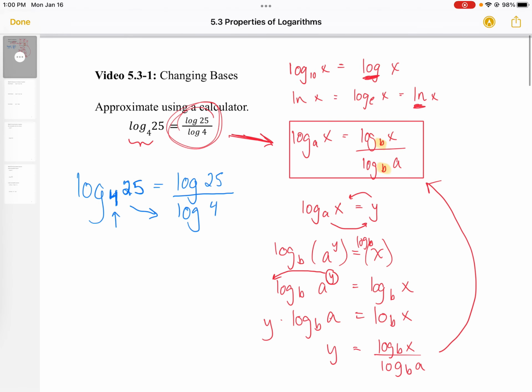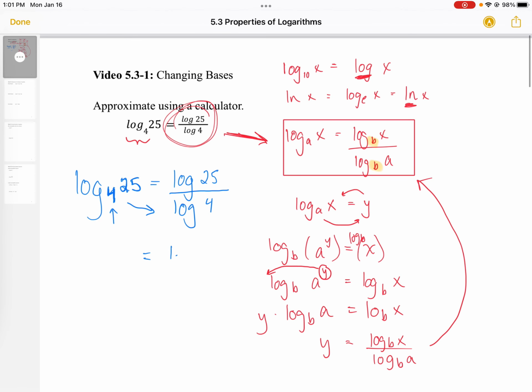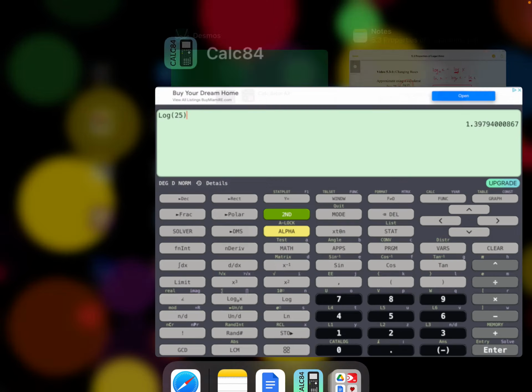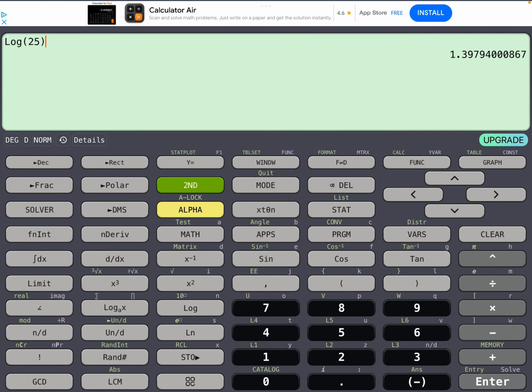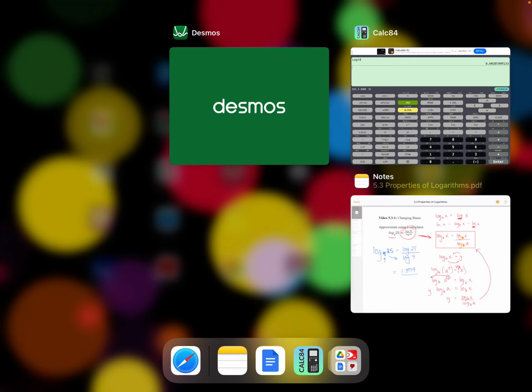So 1.3979. So this ends up equal to 1.3979 divided by log 4. Oops, this is not right. Log 4, enter. So that's 0.6021.